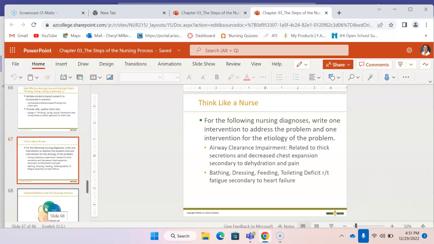An intervention to address the problem. Don't do everything at once. Do it slowly. Take frequent rest breaks. Problem. Etiology of the problem. Heart failure. Do one thing at a time. Bathe once a week. Use a washcloth instead.